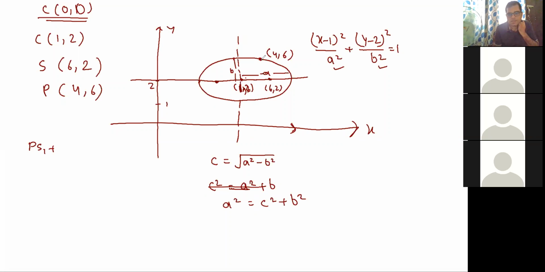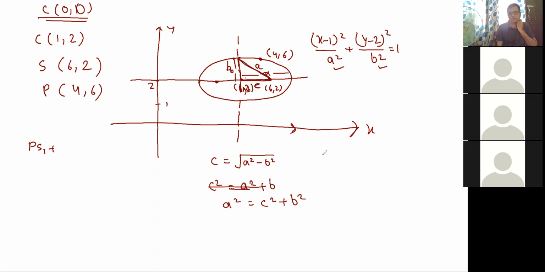This is your a and this is your c, right, this is c, this is b, okay, so this distance, this hypotenuse, this is equal to a. Is this clear, this hypotenuse is equal to a.